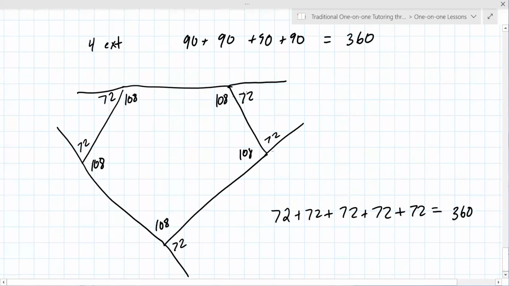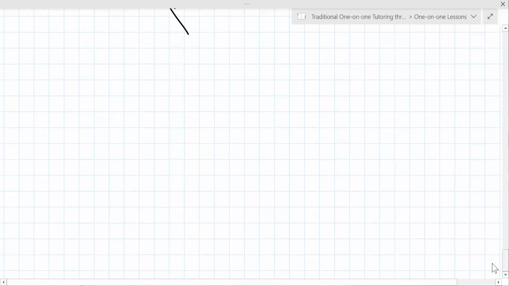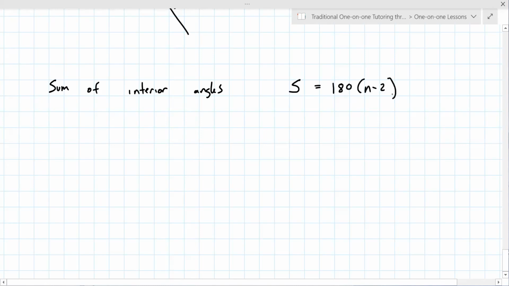So there's kind of 4 formulas that you need to know. So we're gonna summarize them here. Sum of the interior angles. All right. The sum is 180 times N minus 2.